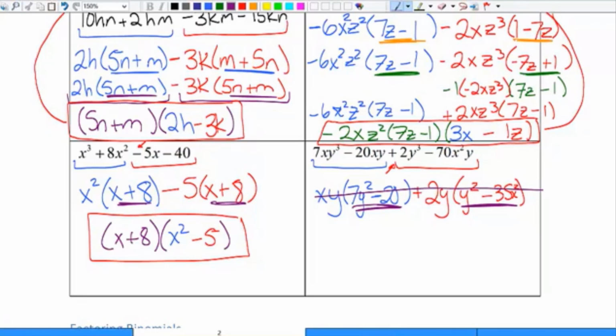It just didn't work. So what I'm going to do is take my 4 terms and rearrange them in a different manner. So I get to decide which way I want to rearrange them. I'm going to start with the first term, 7xy cubed. And I want you to pick another term that has at least something in common.